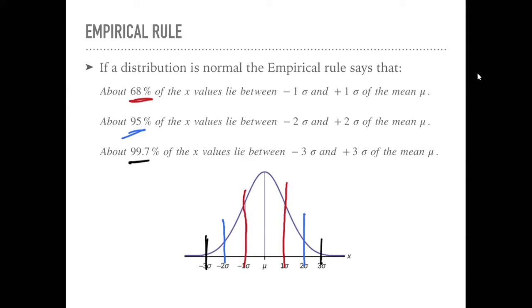Now, the normal distribution is symmetrical about our mean mu. So if we have 68% between the red lines and this purple line is exactly in the middle of them, that would mean that there'd be 34% in each of those little areas.